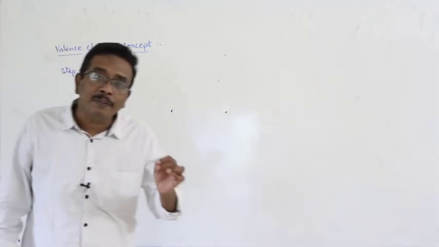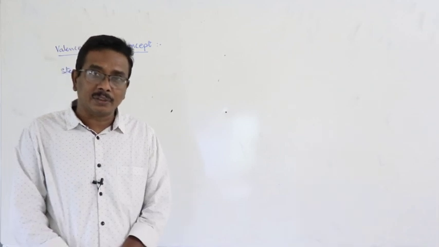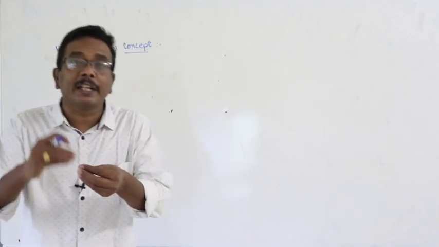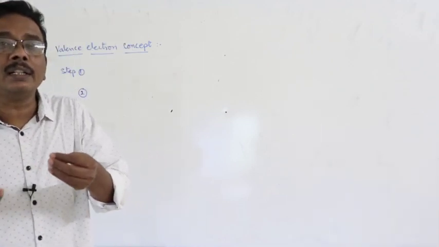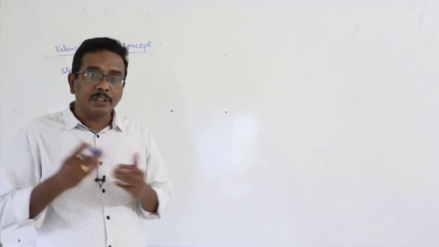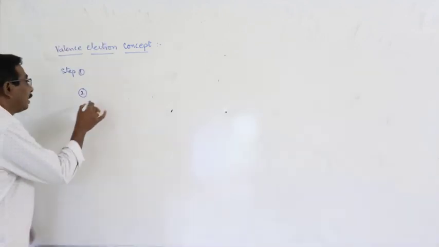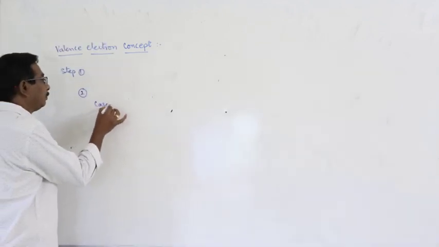Based on the total number of valence electrons, we can identify the number of electron pairs in the valence shell of the central atom. How? Case 1.